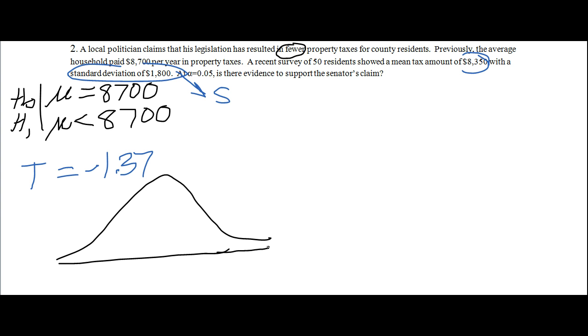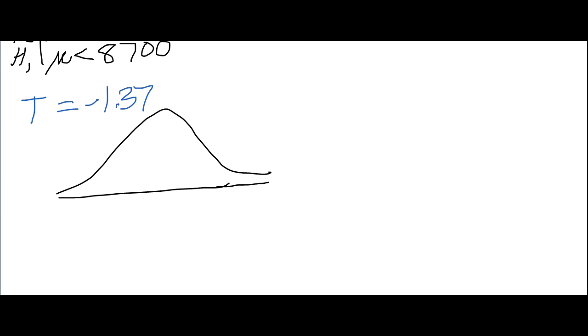And let's say we have our original x values, so we assume 8,700 by default, which is a score of 0, and negative 1.37 was the score we got from 8,350.